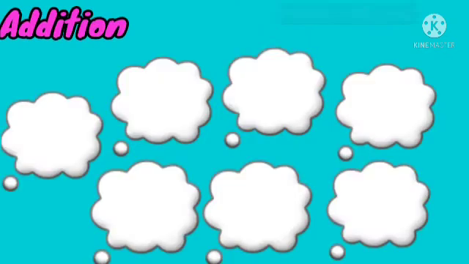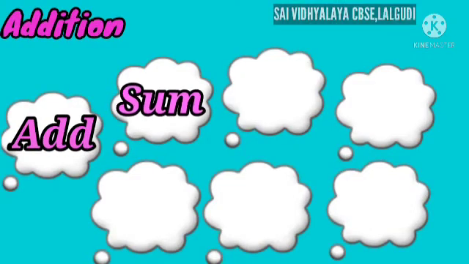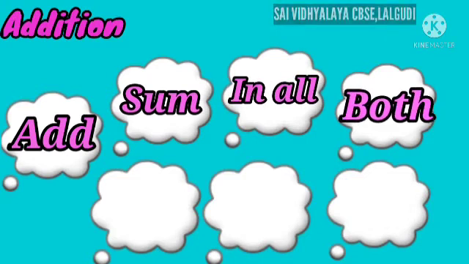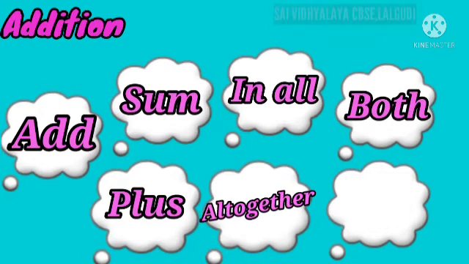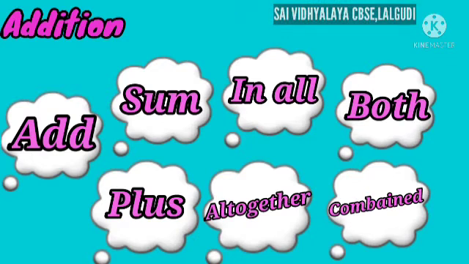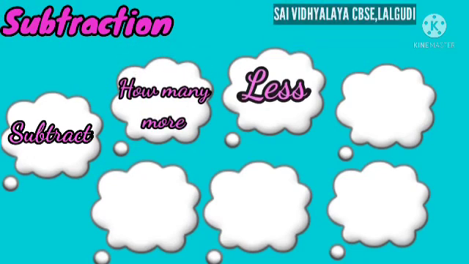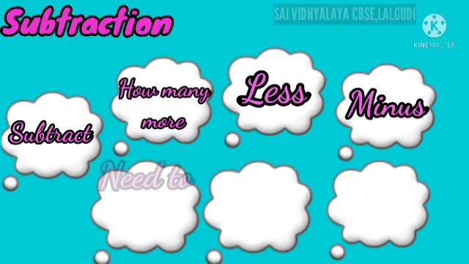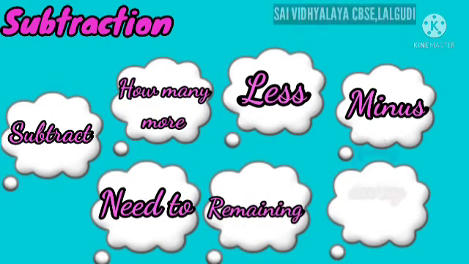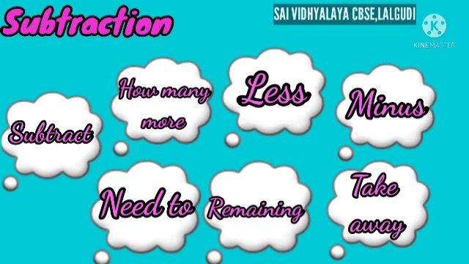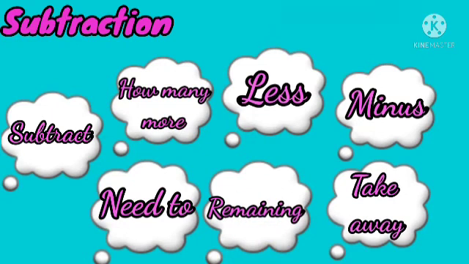For addition, we have add, sum, in all, both, plus, altogether, combined, etc. For subtraction, we have subtract, how many more, less, minus, need to, remaining, take away, etc. That means we have to subtract.